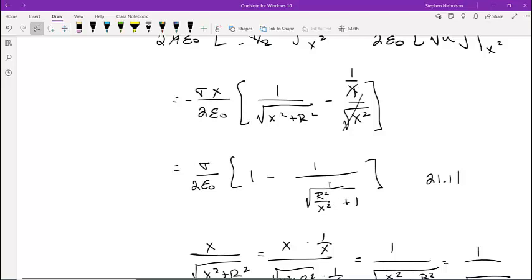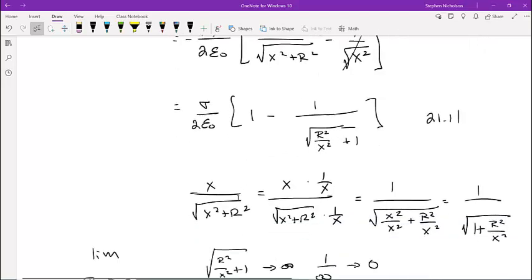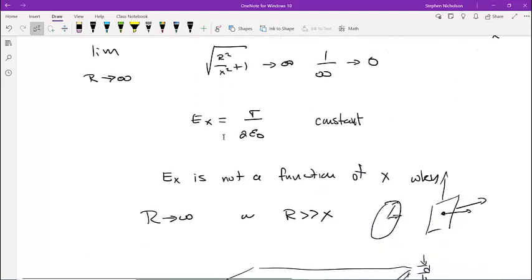So this term approaches a big number, and this approaches 0. So in those cases, you end up with the electric field being constant at any distance from that disk, if the disk size goes to infinity.